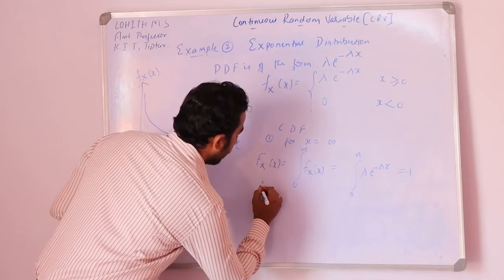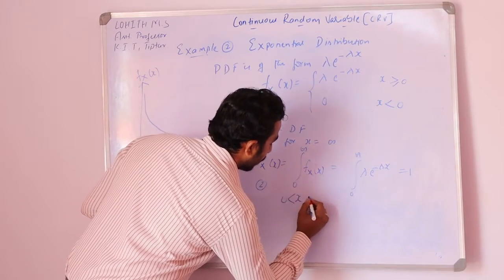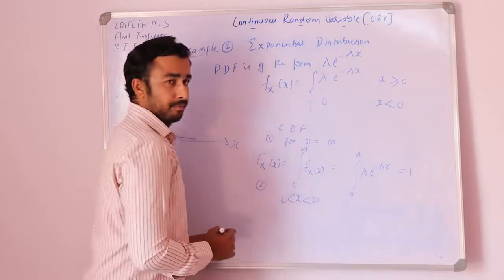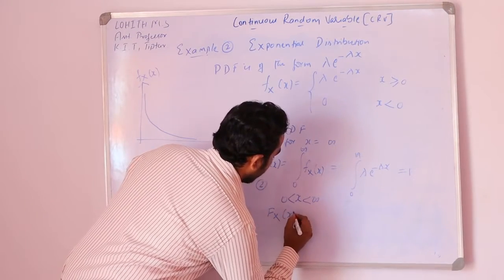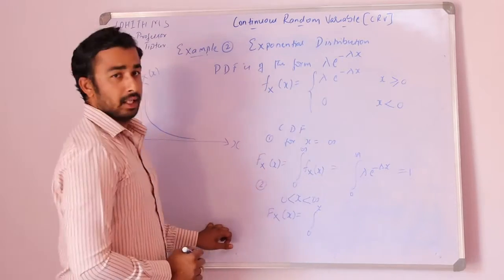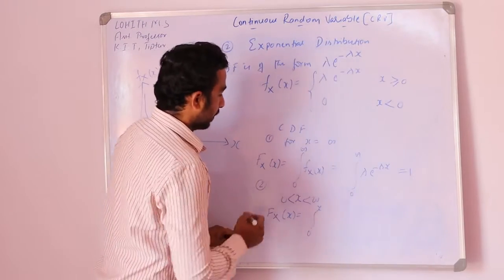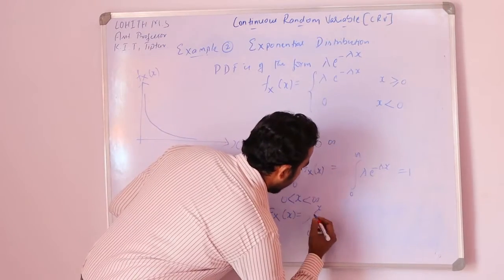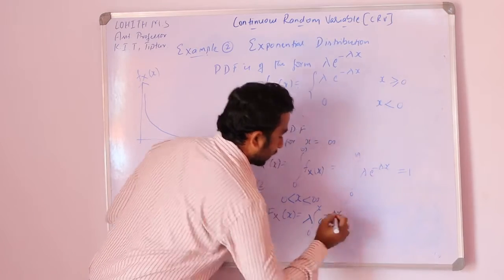Next, x varying from 0 to infinity. So the CDF F(x) will be the integral from 0 to x of f(x), that is lambda e power minus lambda x.